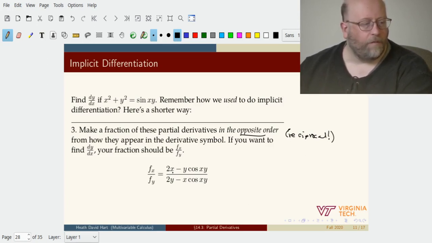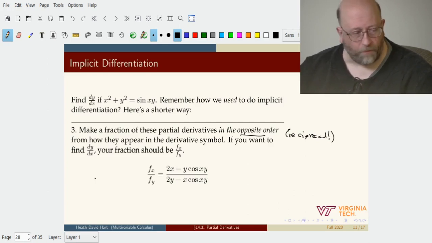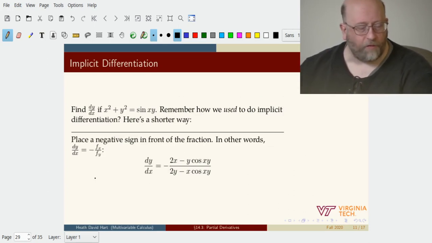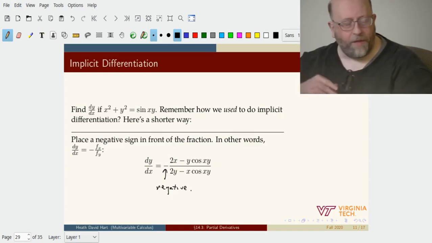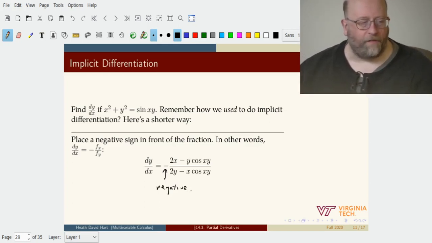So that's this here, partial with respect to x, partial with respect to y. And then the last thing is we don't just want the reciprocal, we want the negative reciprocal. So we're going to take the negative of what we just did in step 3. If you don't want to think of it as 4 different steps, just remember, take the negative reciprocal. Okay?